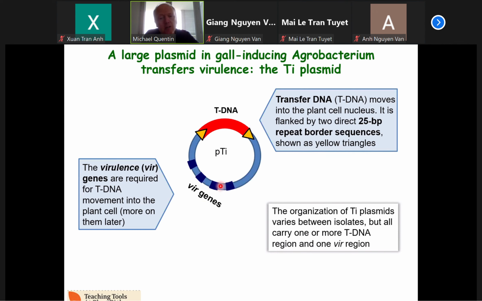Different genes that were called the vir genes were present on this virulence region of the Ti plasmid. And it was demonstrated that each of these vir genes was responsible for a different step necessary for the transfer of the DNA from the bacteria to the plant cell nucleus.